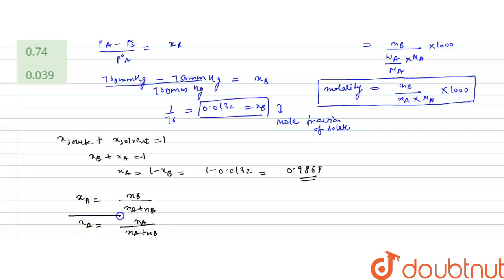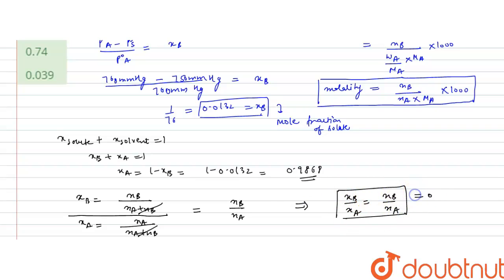If we divide, the total will get cancelled. It means XB upon XA will be equal to NB by NA, that is mole fraction of solute upon mole fraction of solvent is equal to number of moles of solute upon number of moles of solvent.